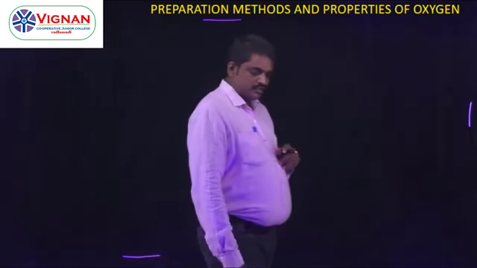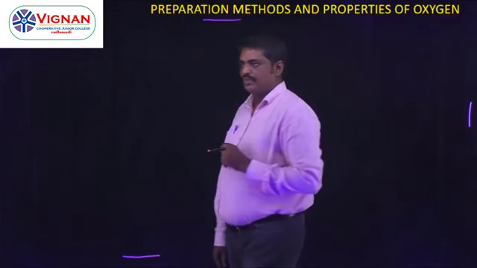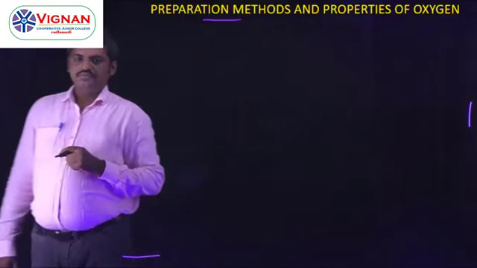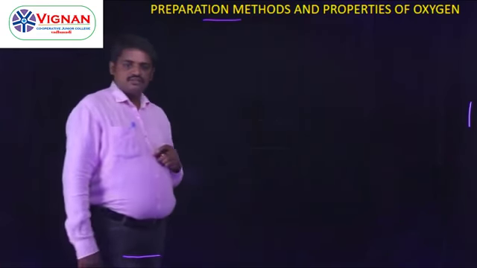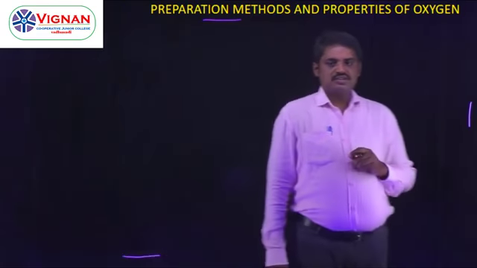Generally, oxygen exhibits two types of allotropic forms. One form is O2, dioxygen, and another form is trioxygen.